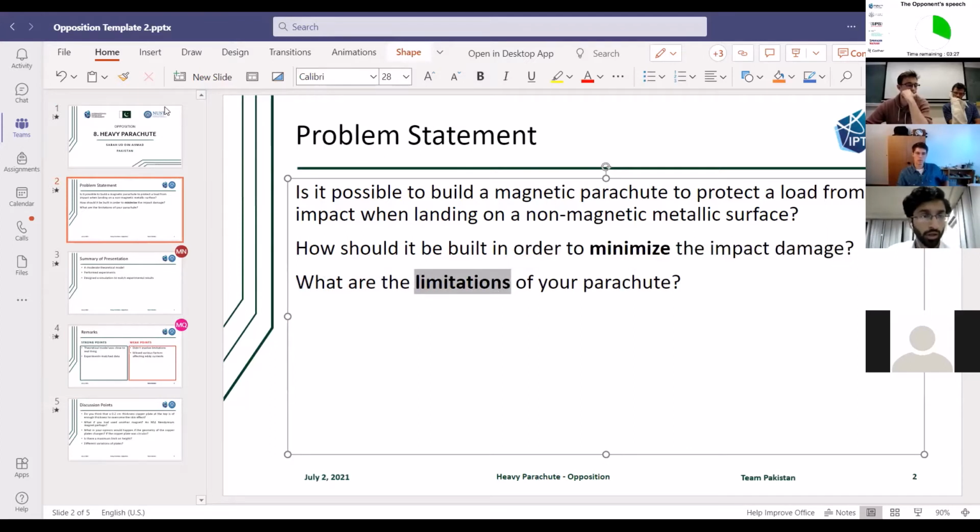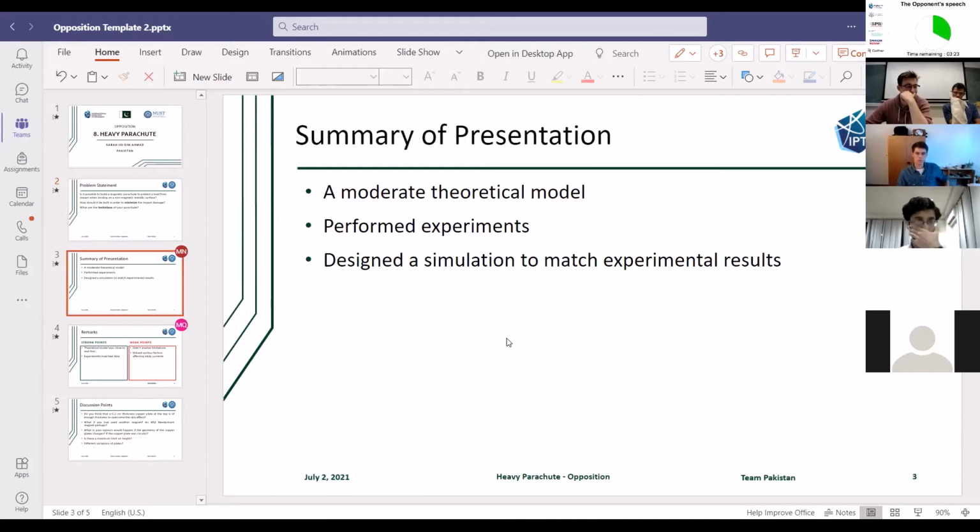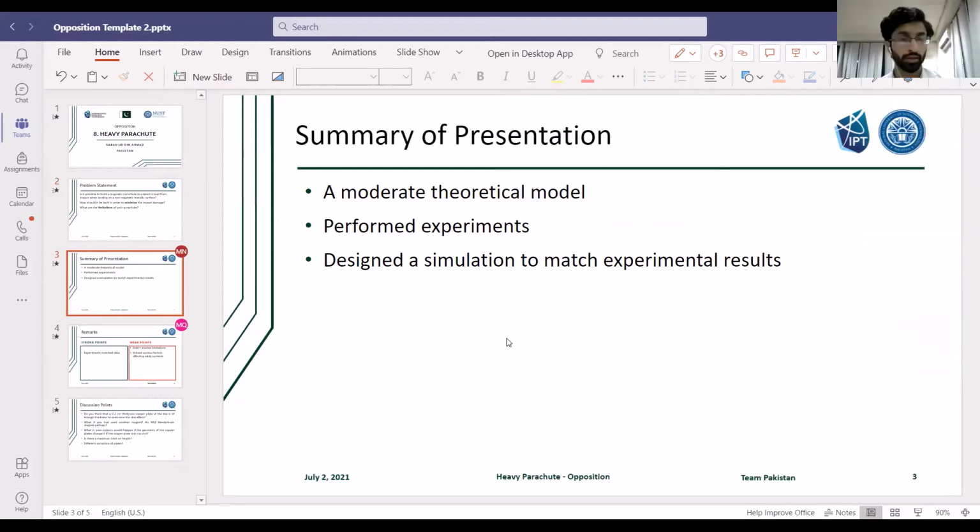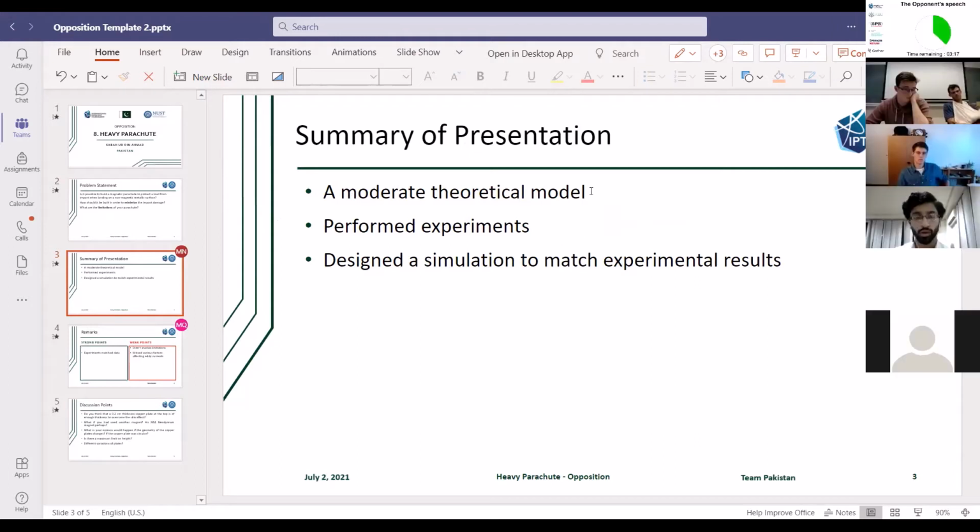So I would now move towards the summary of the presentation. The reporter from Team Slovenia presented a moderate theoretical model for this phenomenon, where they mentioned the eddy currents and how the eddy currents are involved in making the magnetic parachute possible.